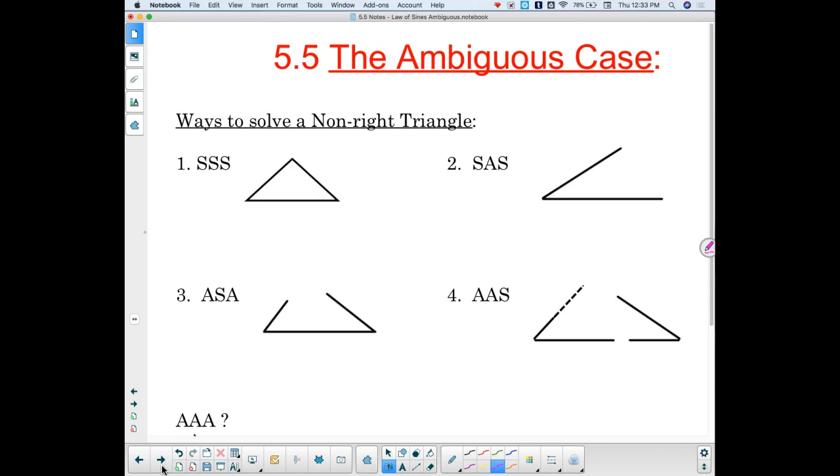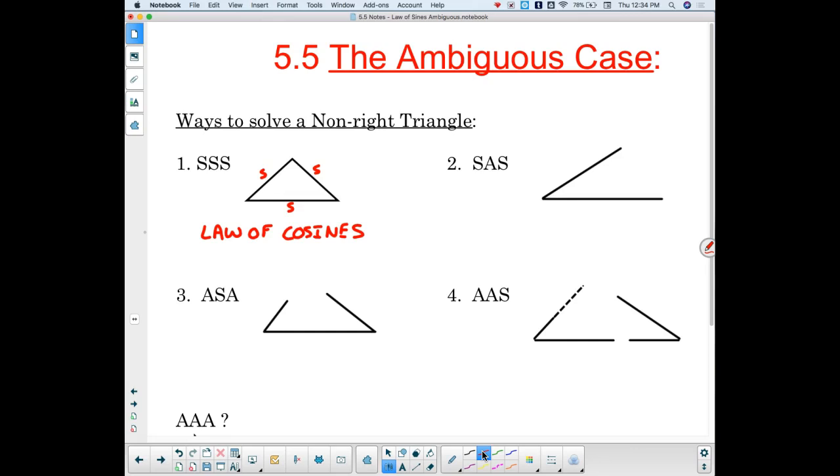In a non-right triangle, and we have given the three sides, side, side, side, because I don't have an angle to complete one whole fraction in the law of sines, this becomes a law of cosines problem. And we'll get to that next week.